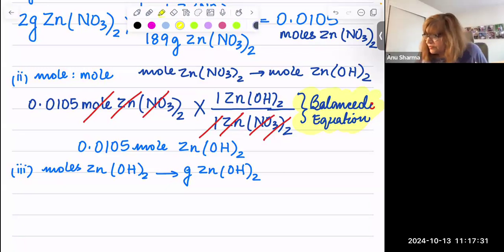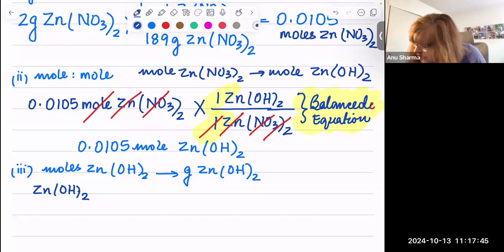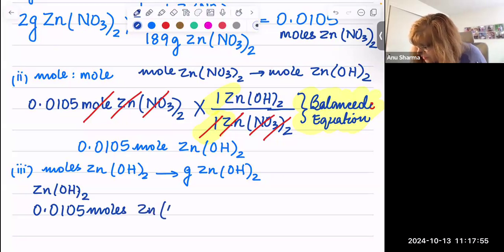Now you take these moles of zinc hydroxide and convert them into grams. So we have 0.0105 moles of zinc hydroxide, OH whole twice, times.